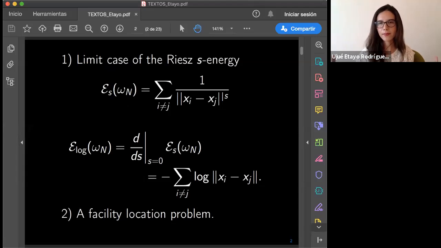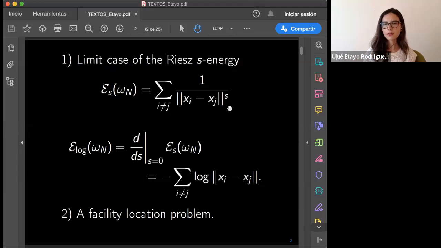This is a large family of potentials, and maybe the best known potential among the Riesz energy family is the Coulomb potential, which is obtained just by taking s equal to 1 here. So we have those Riesz potentials, and we can define them for every positive s.